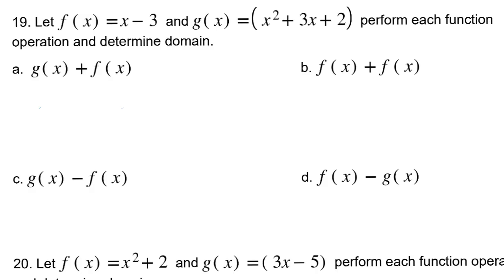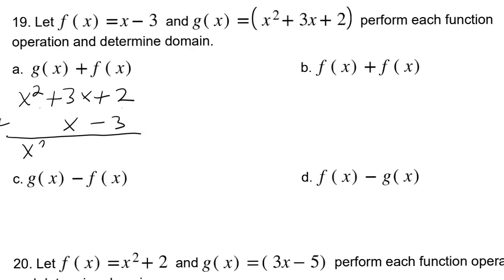Let f of x equal x minus 3 and let g of x equal x squared plus 3x plus 2. Perform the operation. So g of x is x squared plus 3x plus 2, f of x is x minus 3, and I'm just going to add it vertically. So you have x squared plus 4x minus 1.